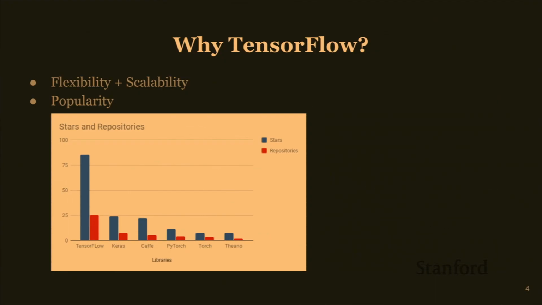TensorFlow is a sweet spot because it was created by Google, and they try to have a single framework to streamline from research to production. Because of that sweet spot, TensorFlow has become very popular. By the number of repositories on GitHub, the number of repos related to TensorFlow is twice as many as all the other frameworks combined, and the same with arXiv.